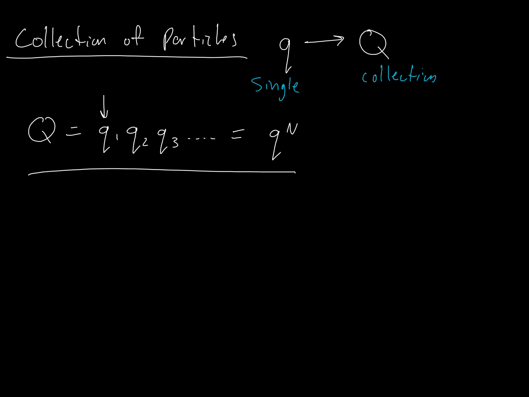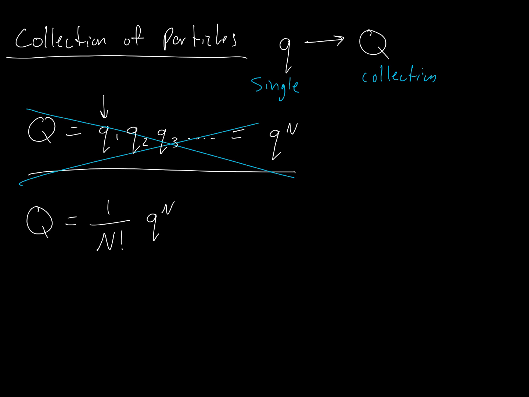But in this case, when I combine particle 1, particle 2, particle 3, I've said that I know what particle 1, 2, and 3 are. We've neglected the indistinguishability of molecules. So in reality, this approach is not valid. What you actually have to have is Q equal to 1 over N factorial times q to the N. This N factorial is called the indistinguishability factor.